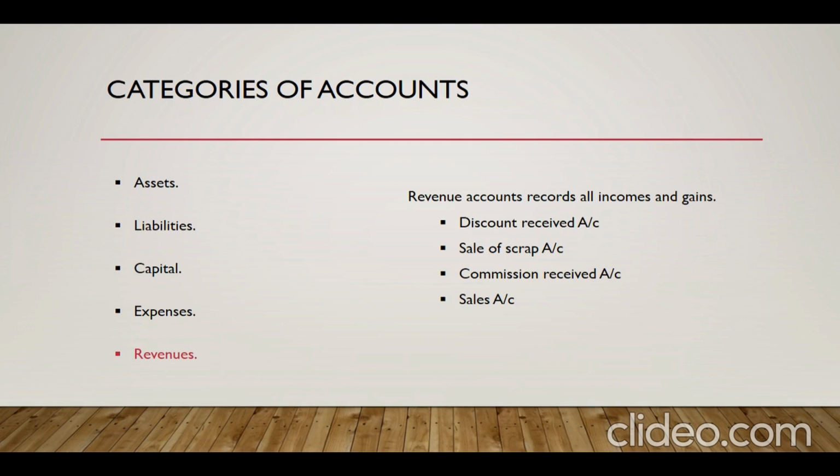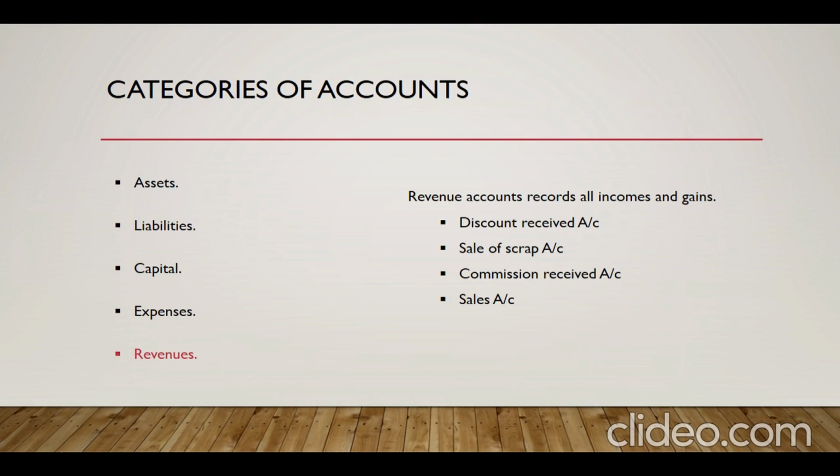So to summarize accounts and their respective categories, here is a summary. So all cash accounts are assets type. Any due that you are eligible to receive from a debtor, that is the customer, are assets to your organization. Any due that you owe to others are your liabilities.